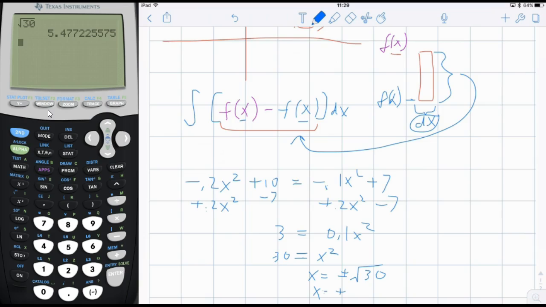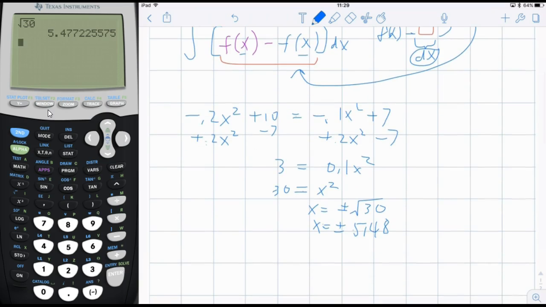So it's going to be x equals plus or minus 5.48. Okay, that's how you find the limits of integration.